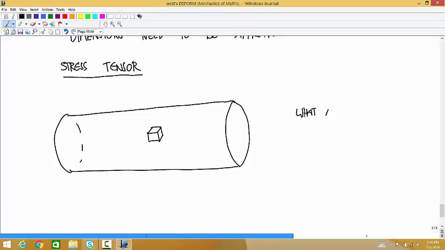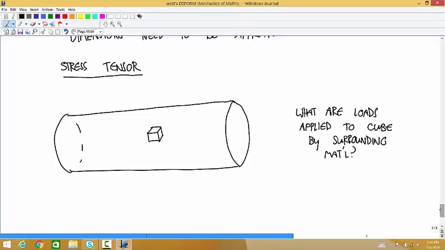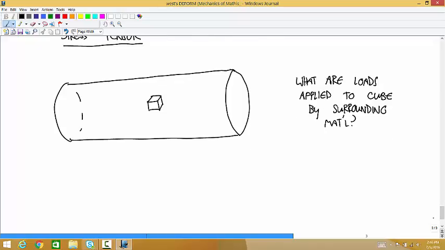What are the loads applied to the cube by the surrounding material? Well, there's 6 faces on that cube, and each one of those faces makes a fixed joint with the surrounding material.